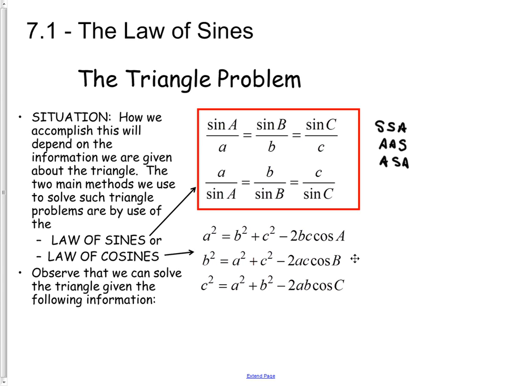Another one that would work right here with the law of cosines is if we had side-angle-side, or if we had all three sides. That's it, right? Because in this set of rules that we'll talk about in section 7.2, we need to be able to build at least one other side or one other angle given the information right here in order to use the law of sines.